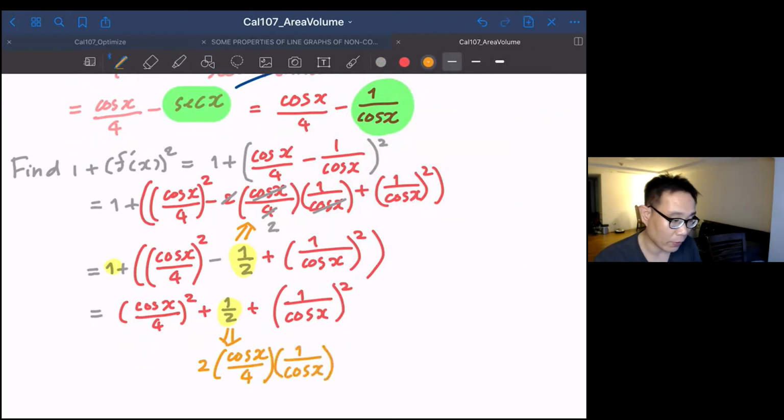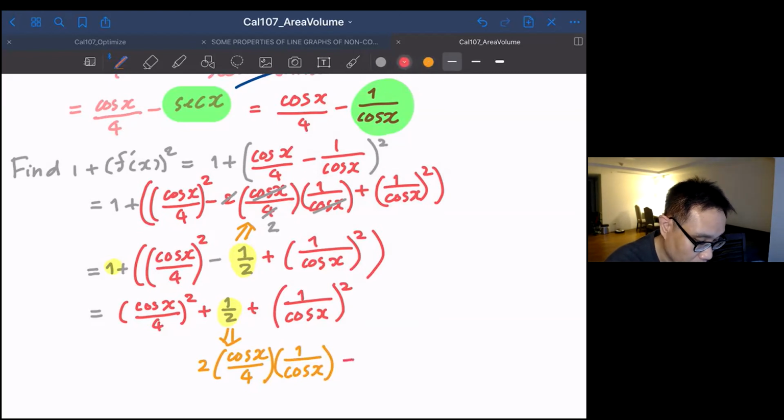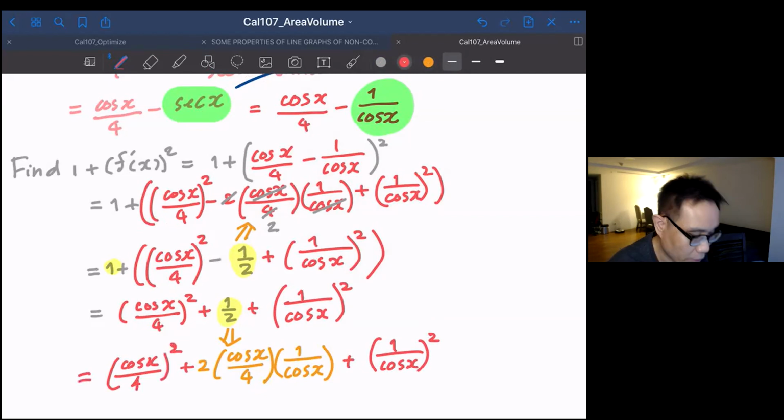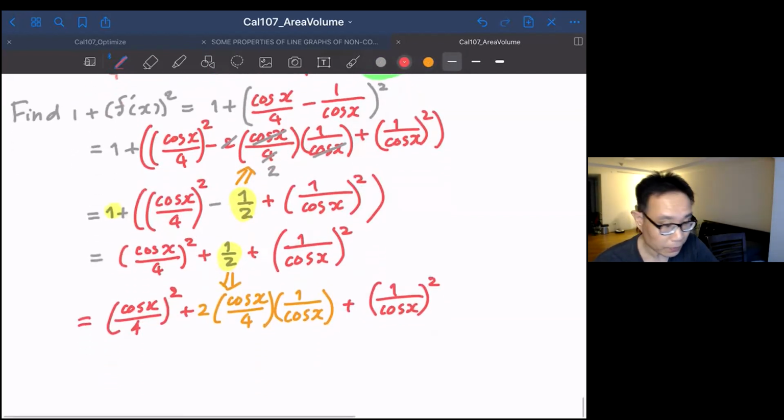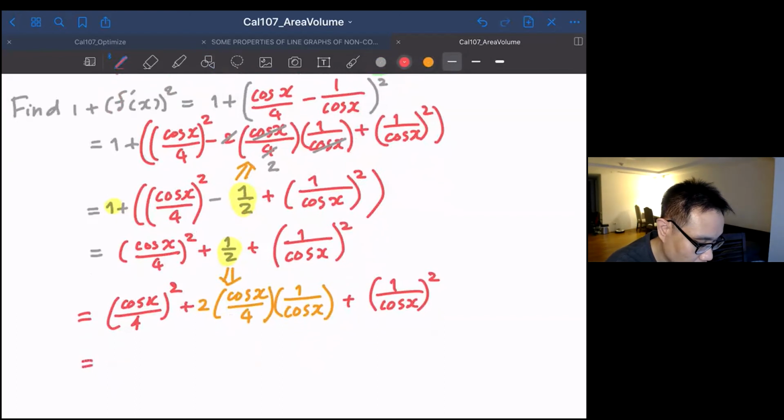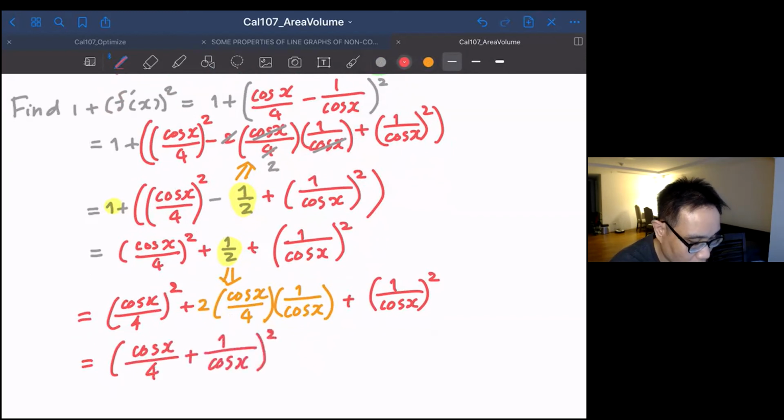Okay, so that's my 1/2, and you have 1 over cos x squared, and you have cos x over 4 squared. Okay, so this is what you have. And so you get cos x over 4 plus 1 over cos x squared.